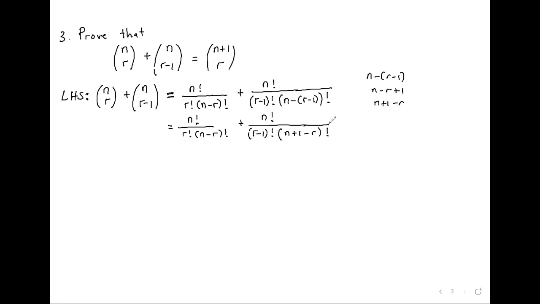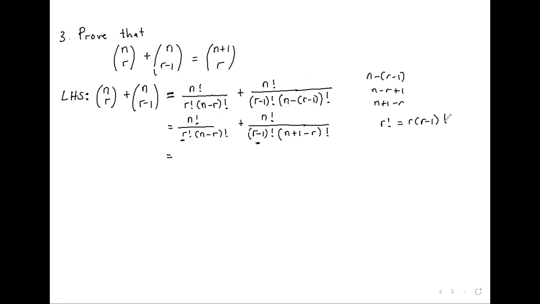So now these are fractions. Every time you're faced with fractions, the first thing to think about is the common denominator. So what is the biggest number here and the factor for the other between r factorial and r minus 1 factorial? If you remember very well, we said we could write r factorial as r multiplied by r minus 1 factorial.